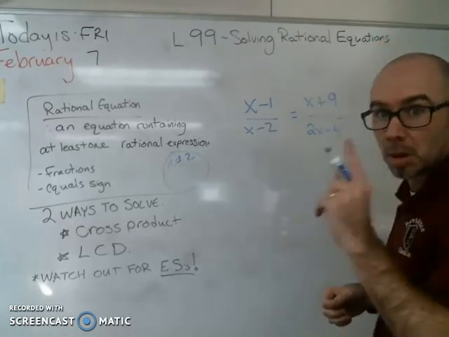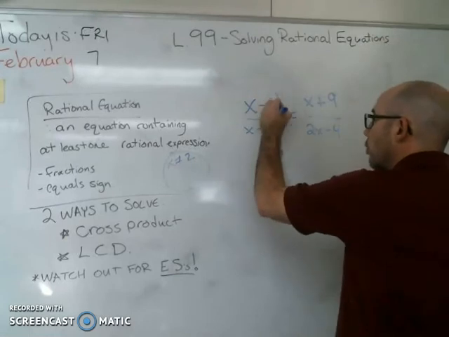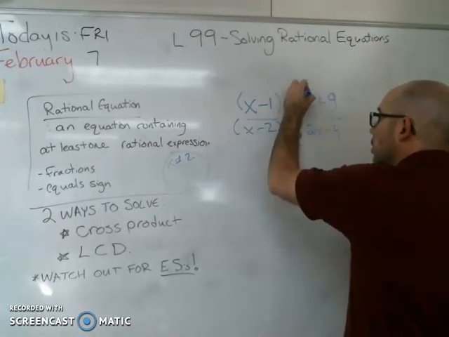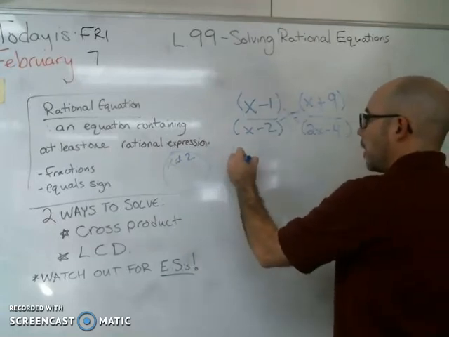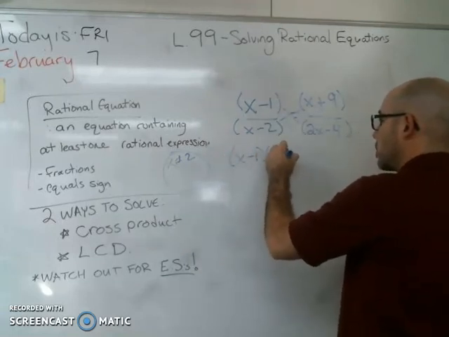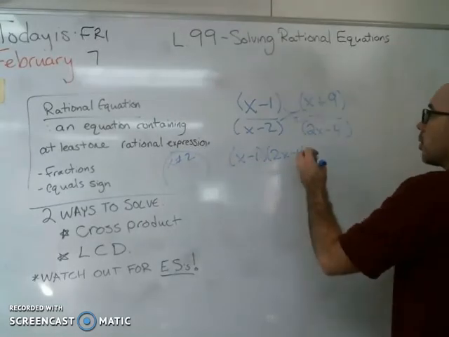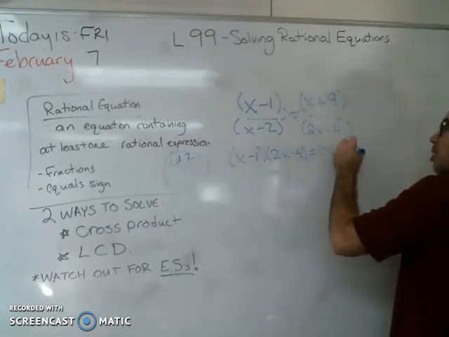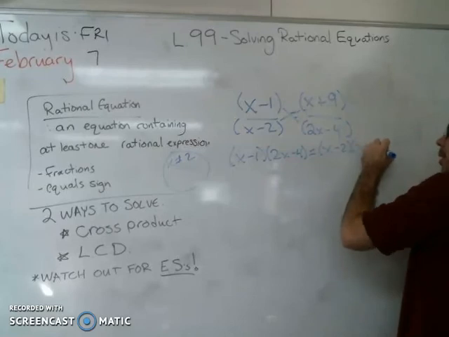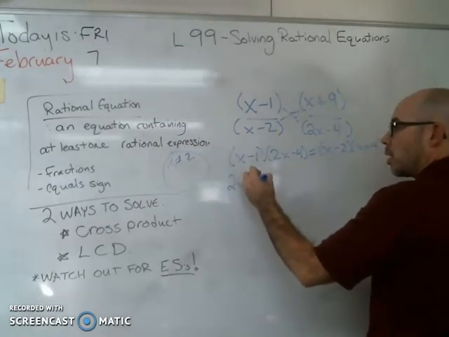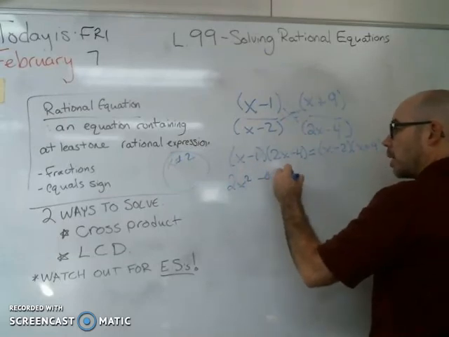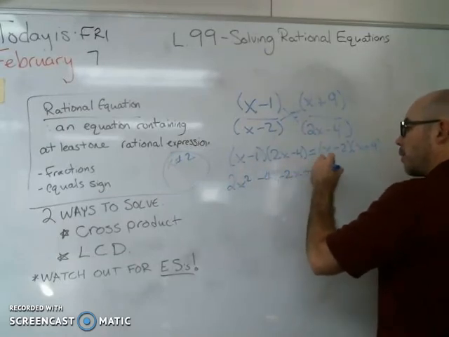So just pay attention. First tip, add parentheses. Cross multiply. X minus 1 times 2x minus 4 is equal to x minus 2 times x plus 9. I FOIL these sides, you get 2x squared minus 4x minus 2x plus 4.